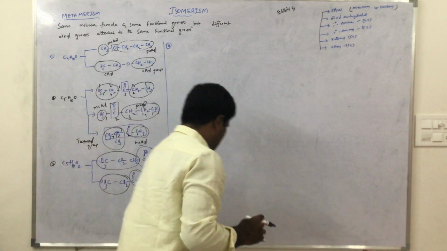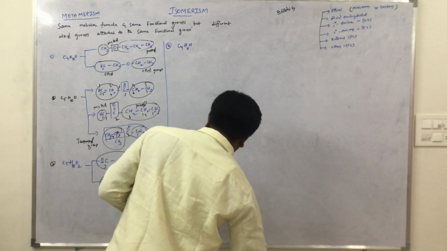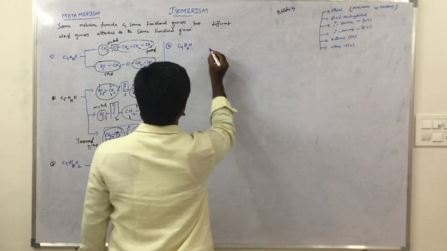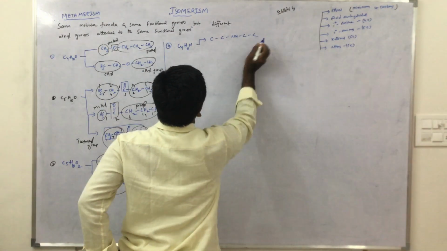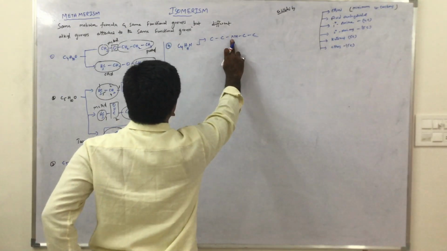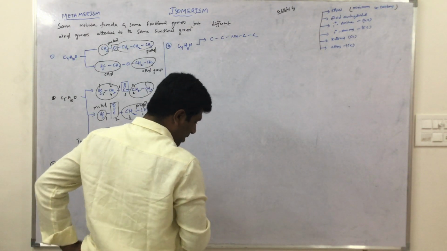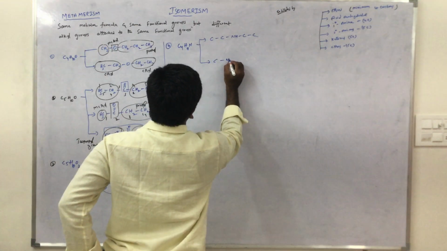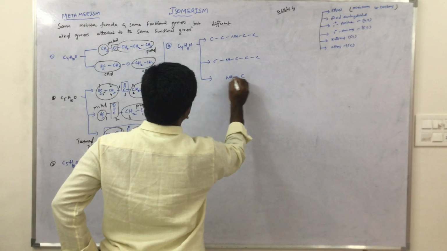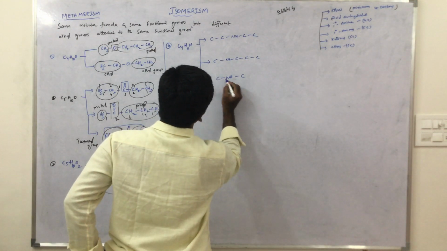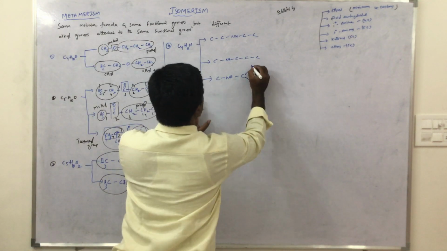The fourth example is C4H11N. The first structure has 4 carbons and NH: 3 plus 2 is 5, plus 6, 2 is 8, plus 3, 11 hydrogens. The next structures also have 4 carbons and NH.